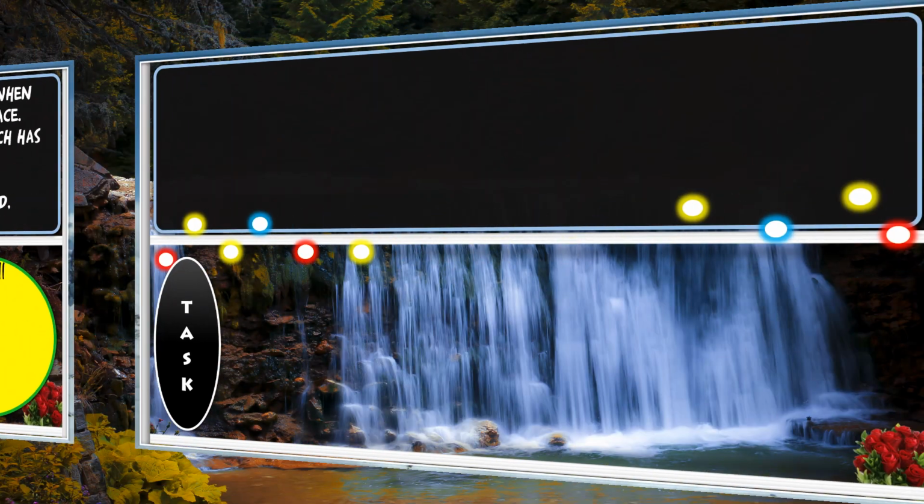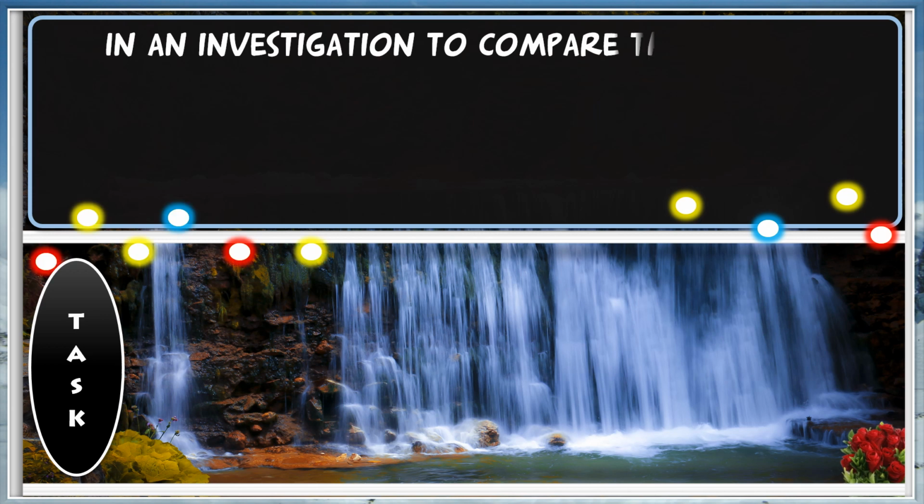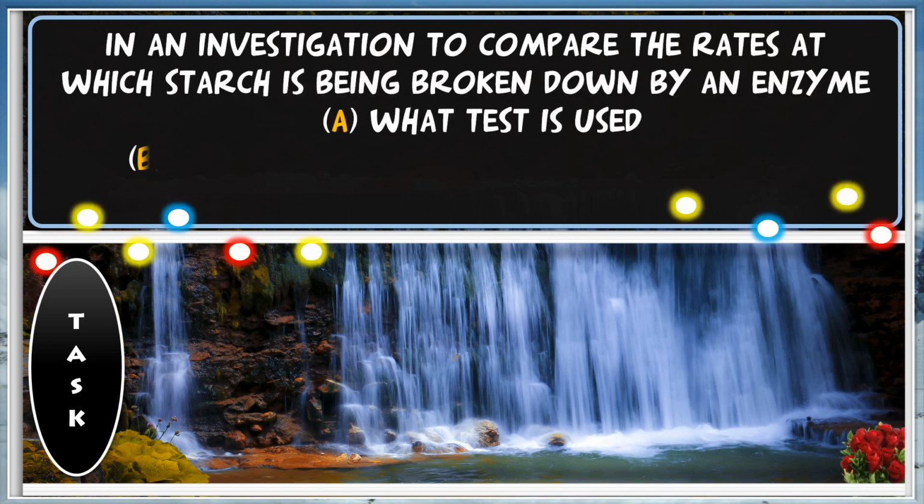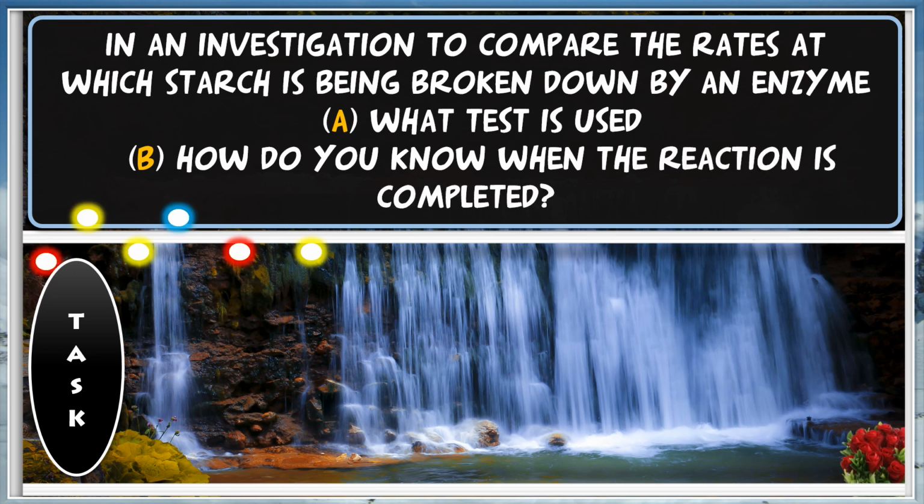In an investigation to compare the rates at which starch is being broken down by an enzyme, A. What test is used? And B. How do you know when the reaction is completed?